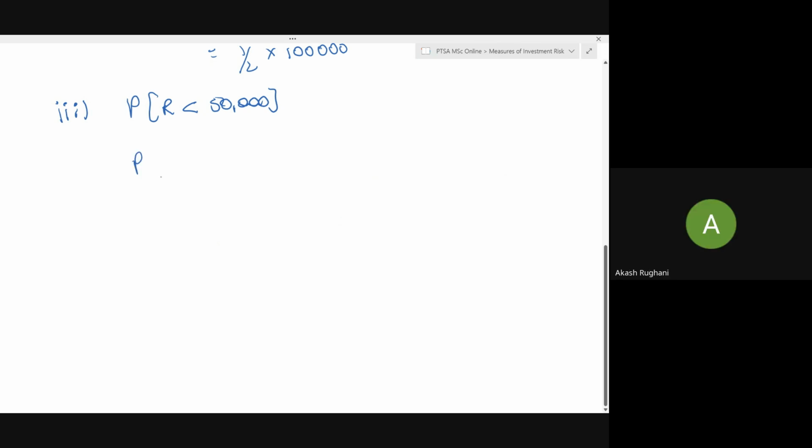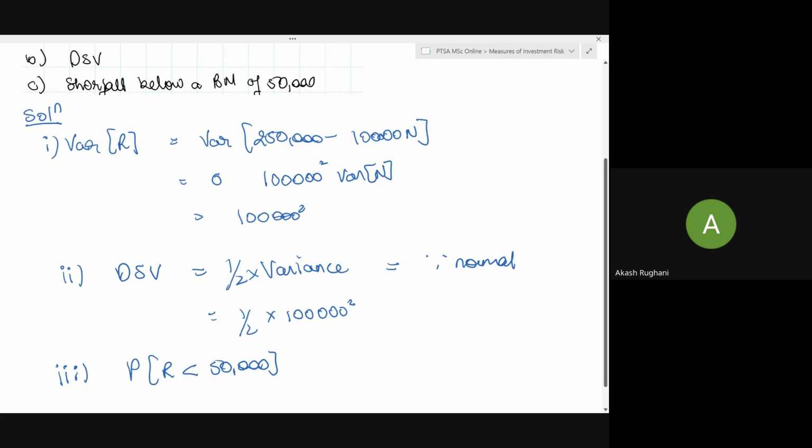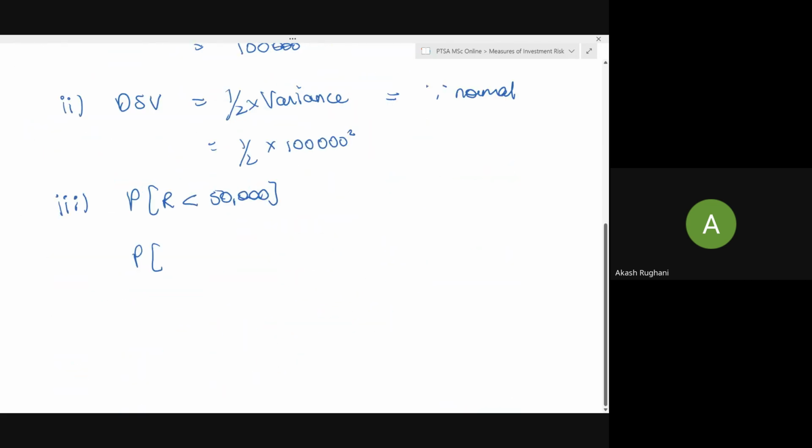So what you do is the same thing. Instead of R, substitute the value of R. What was R? 2,50,000 minus 1 lakh N. So 2,50,000 minus 1 lakh N less than 50,000. 2,50,000 goes there, so it will become minus 1 lakh N less than minus 2 lakh.